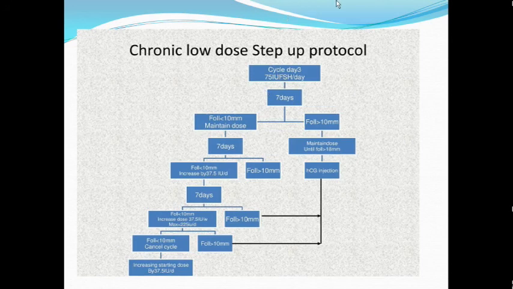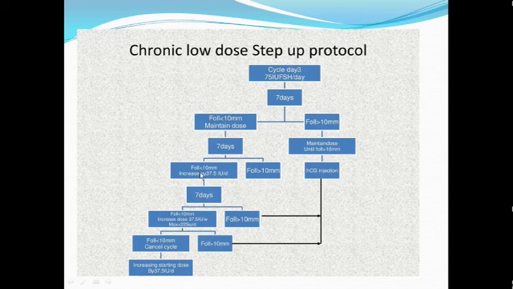and step down protocols. Here we will start with 75 international unit of FSH from day 3 of the cycle, continue for the 7th day. If follicular size becomes more than 10 mm, then continue the same dose till it becomes 18 mm, then give HCG injection. If follicle size is still less than 10 mm, maintain same dose for next 7 days.